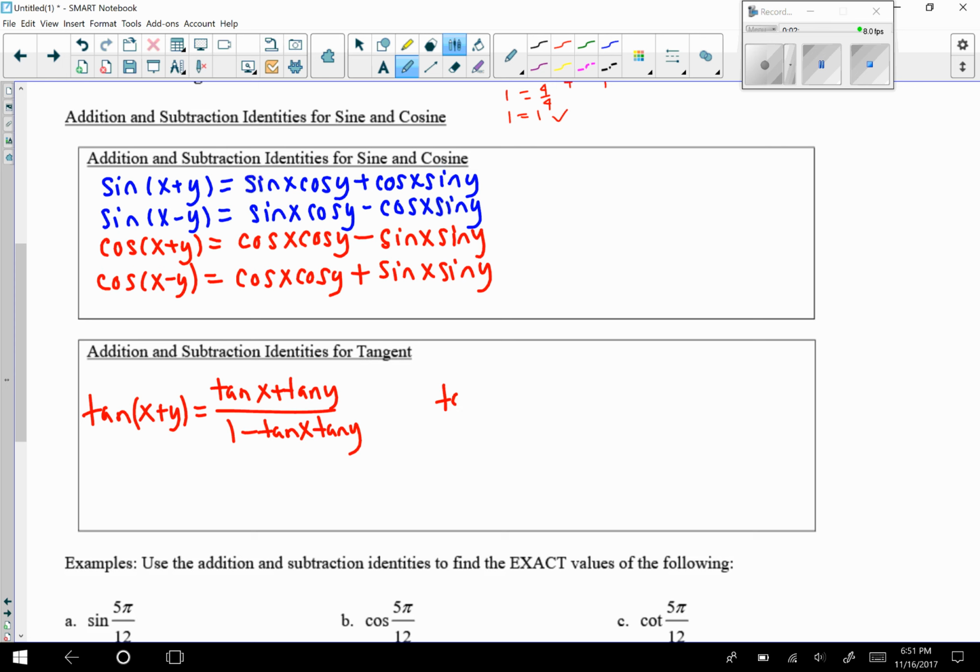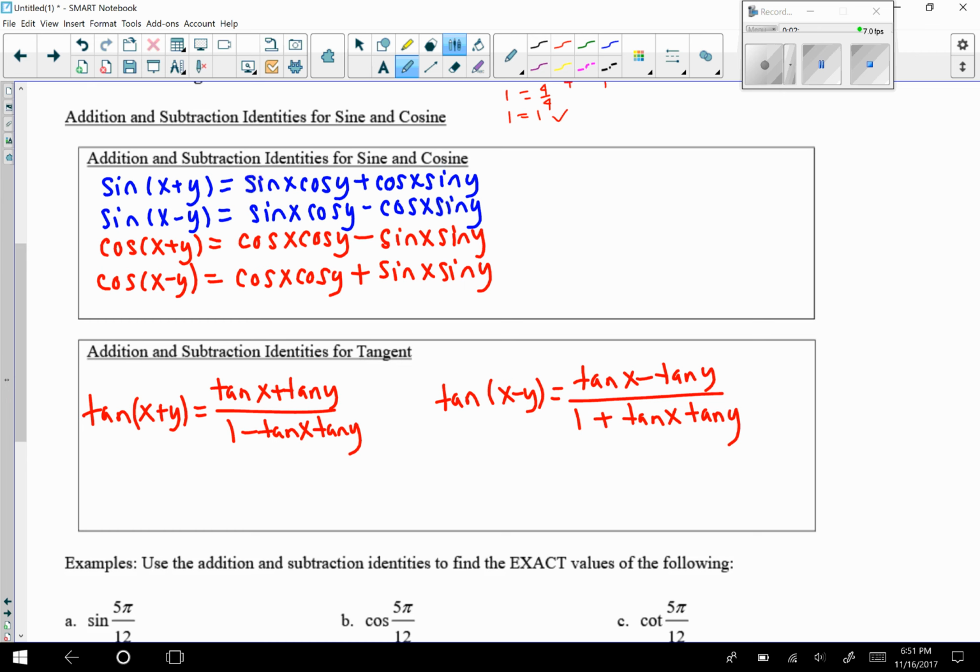And then the tangent subtraction identity, x minus y, would be equal to tangent of x minus the tangent of y over 1 plus tangent x times tangent y. So you can see if this is a minus here, then this is minus and this is plus, and if this is plus, plus, minus.